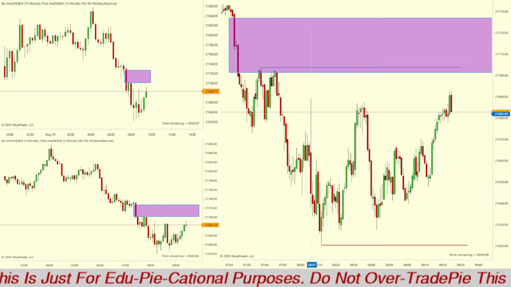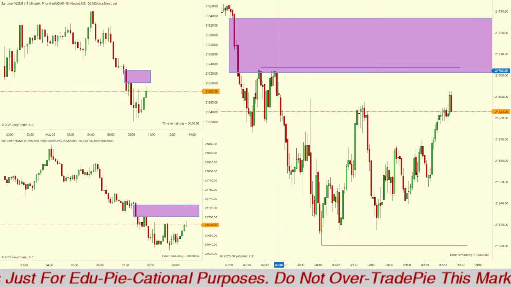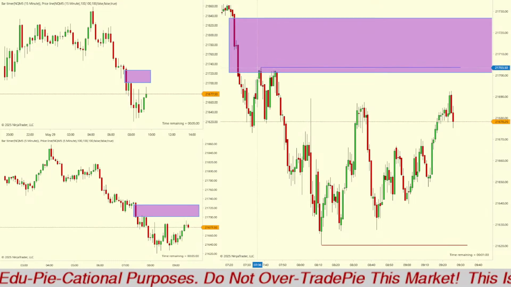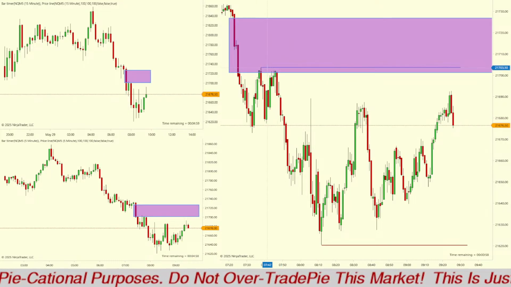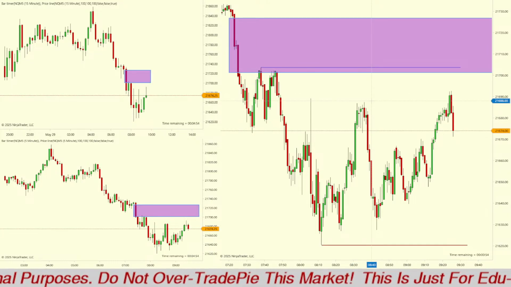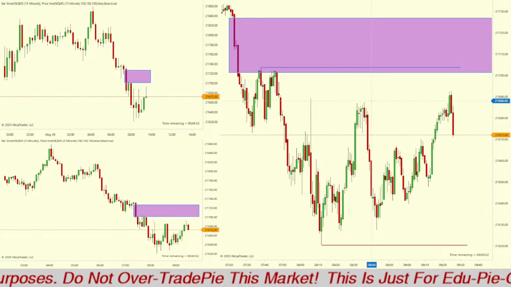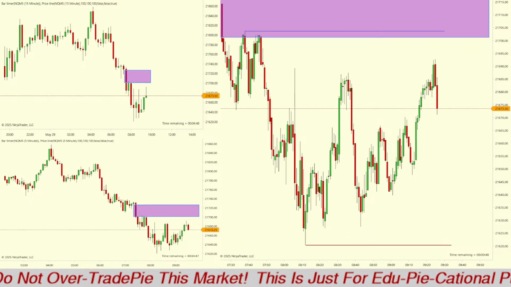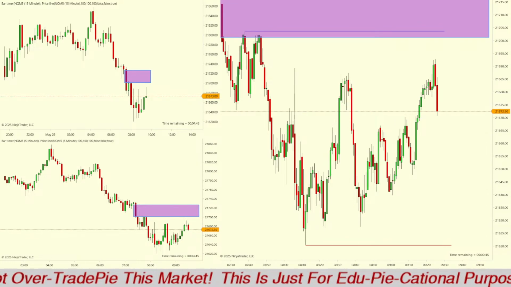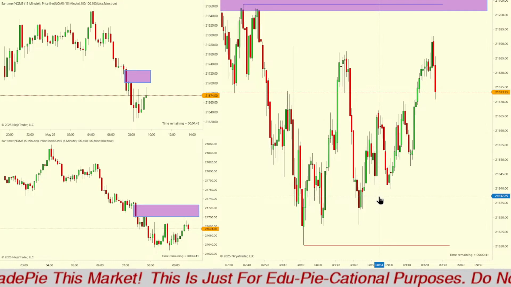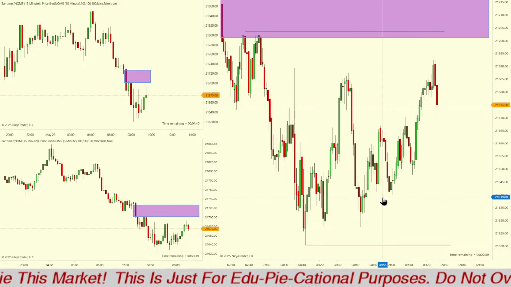Okay, now we have this area that is also including the buy side liquidity of this very smooth area of price in the 5-minute chart. Five minutes to the opening bell, and let's see what we have over here first.